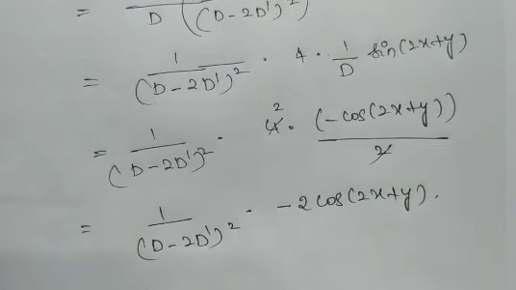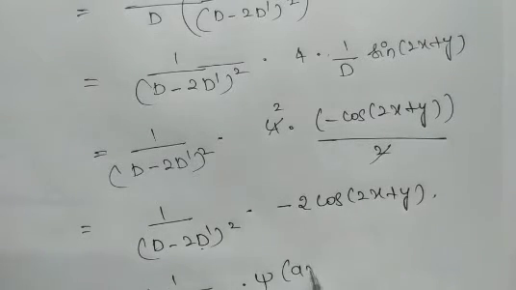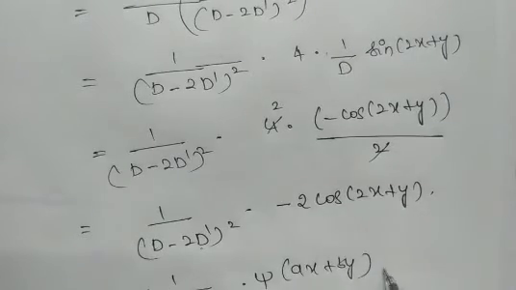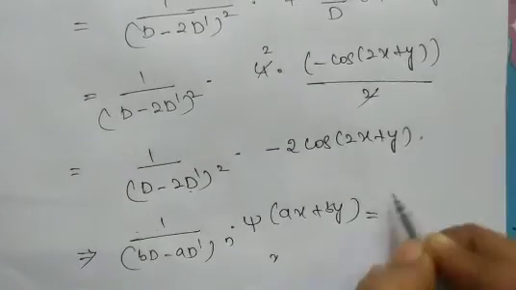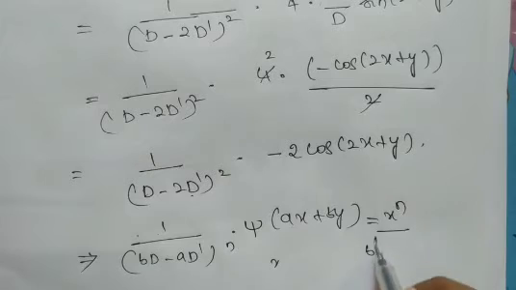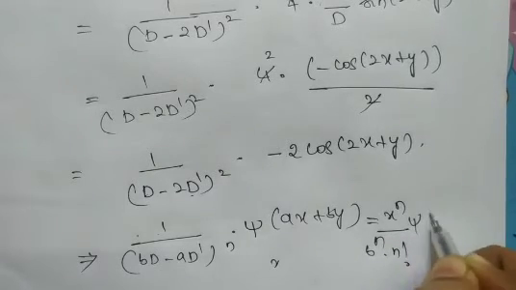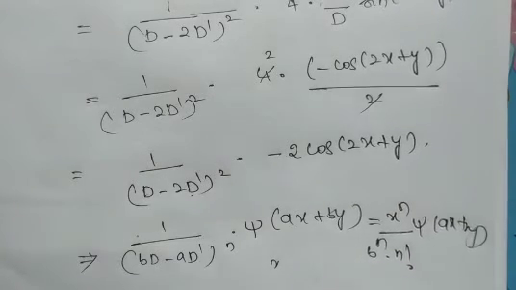So again by using the formula, so here this is in the form of case 2. So here we have the formula, that is 1 by bD minus aD dash whole power n into psi of ax plus by equal to x power n by b power n into n factorial into psi of ax plus by.